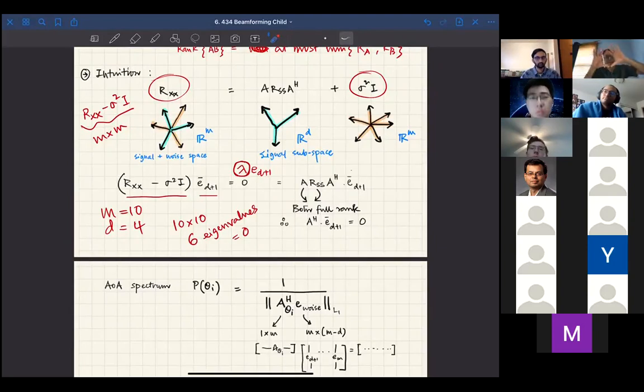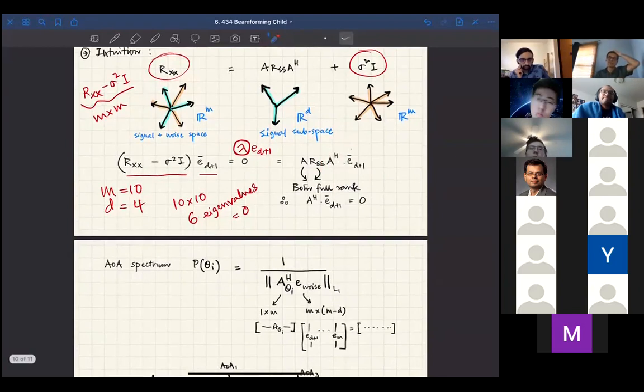Because we know that this is an M dimensional subspace, but it's rank D, and the M minus D are orthogonal. From that we see that the directions that are orthogonal are also orthogonal to A^H, which is the steering matrix's vectors.